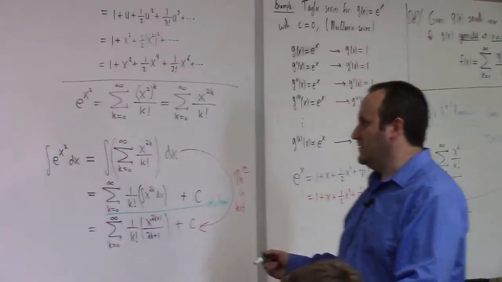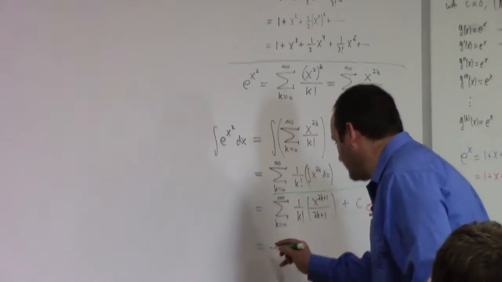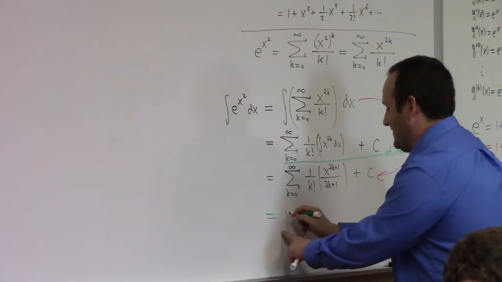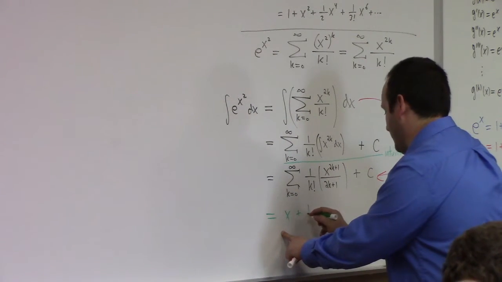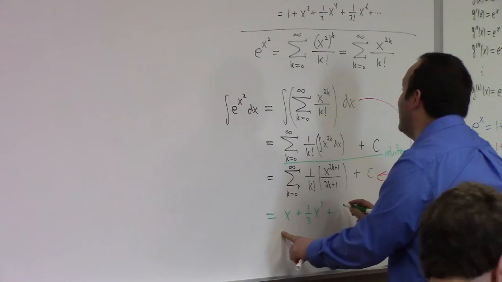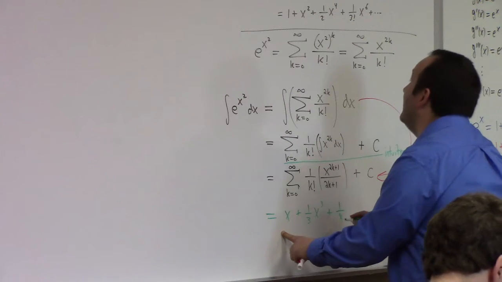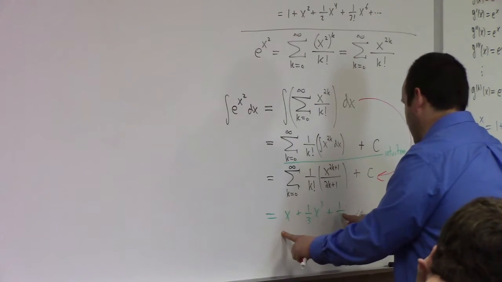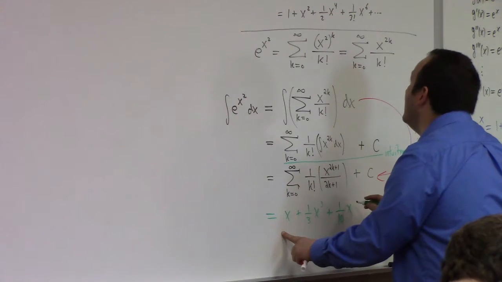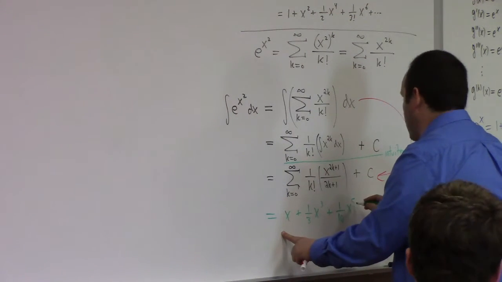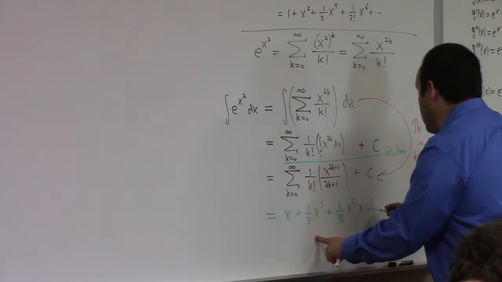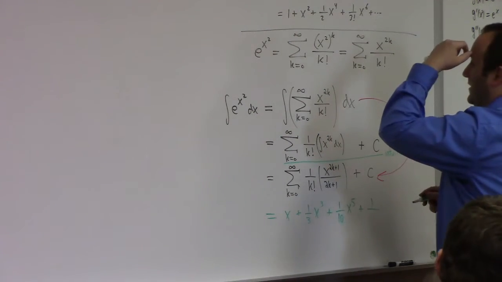Right? And if you want me to write out what that series is, it's easier for me to go up here and just do it. It's x plus 1/3 x cubed plus 1 over 10 x to the 5th plus 1 over, see here, 7 times, what's 3 factorial?